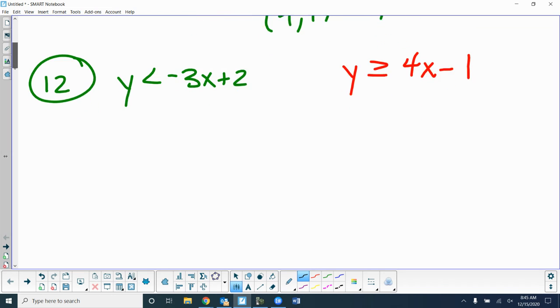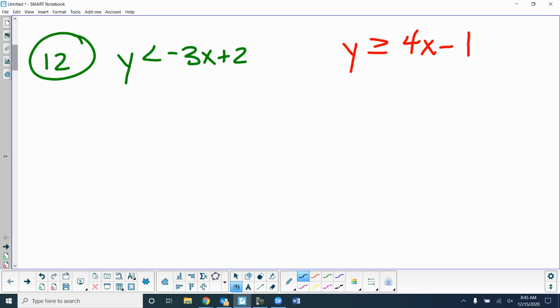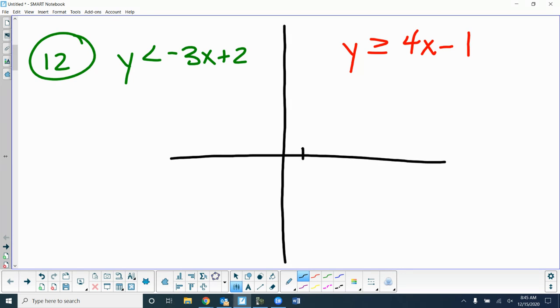Okay, so we're just going to graph these two. Again, this is going to be a multiple choice one, so pay attention to the shading in that.